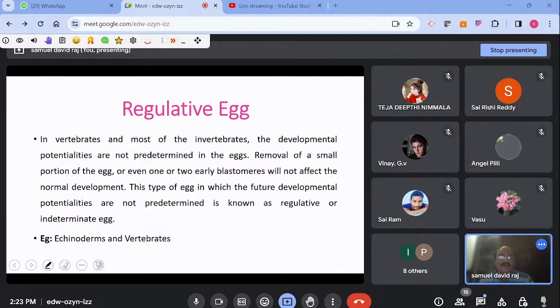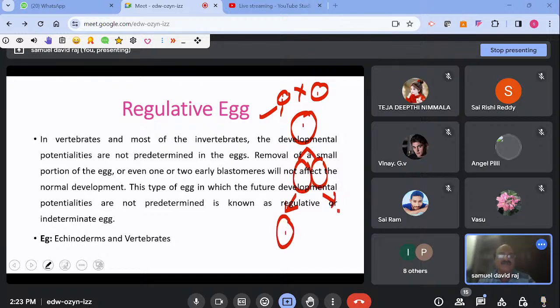For example, I would like to explain this topic with human beings. After the sperm fertilizes the ovum, it results in a zygote. The zygote divides to form two cells. If you separate these two cells, each one develops into an individual.